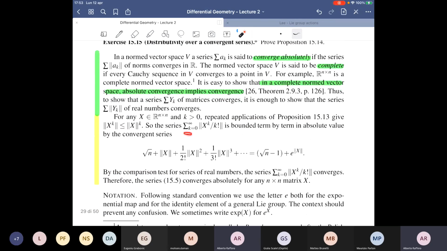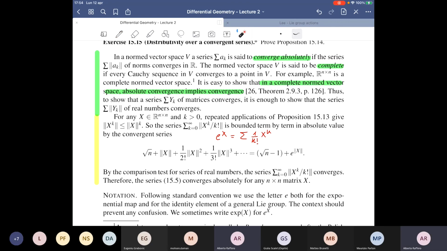This tells you that if you consider the series given by the norms of the summands we were considering when we defined e to the x, which was, recall, 1 over k factorial x to the power of k.